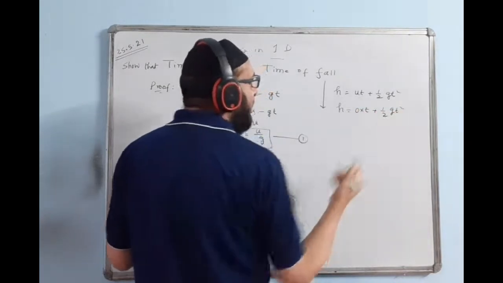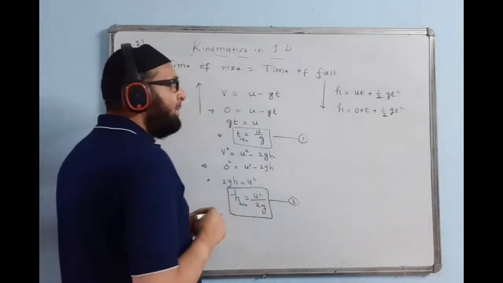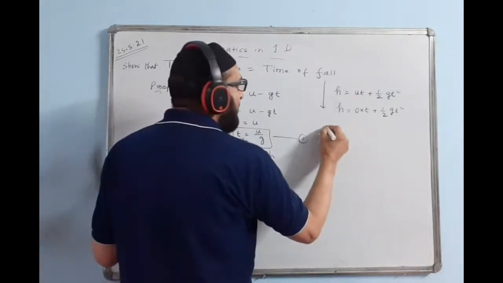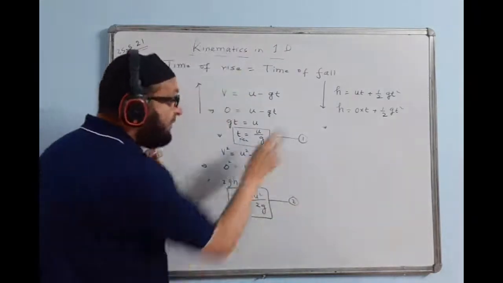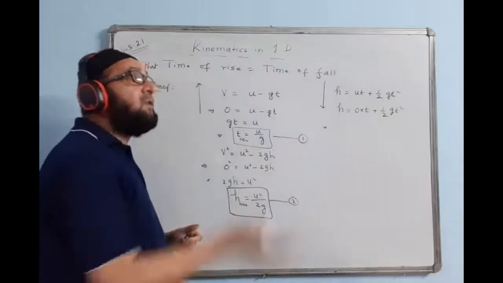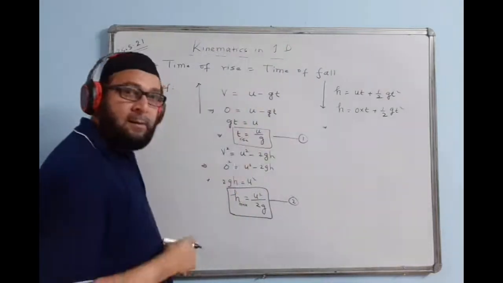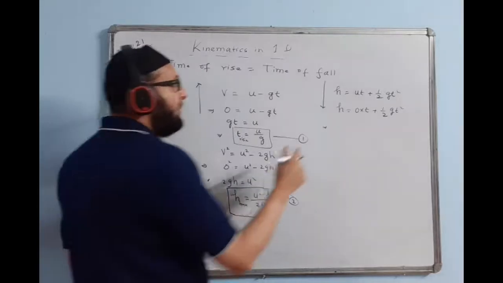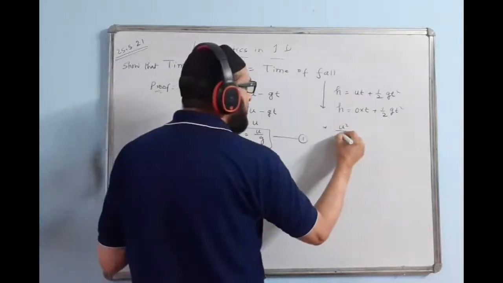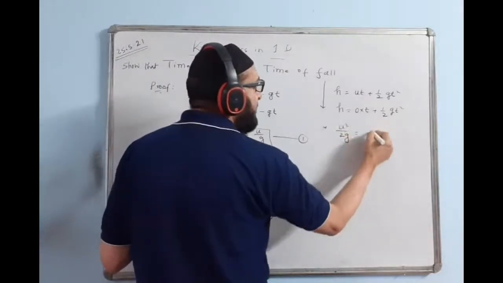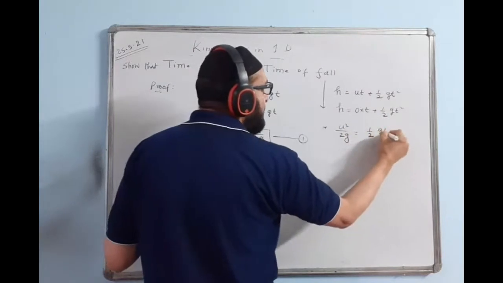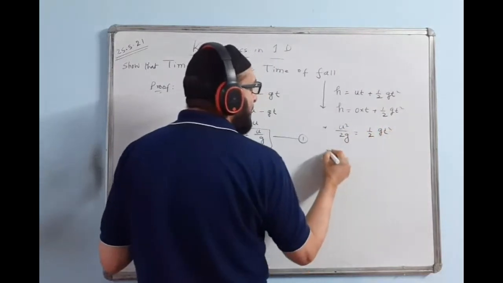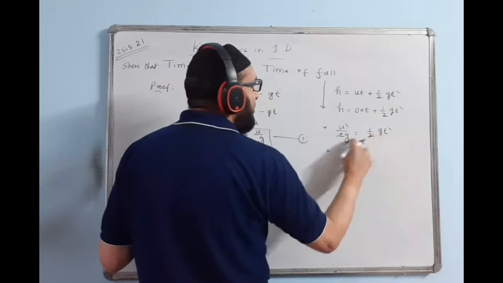This t is the t of fall, time of fall. h value I'll put the same, because the body goes up and returns back. That means the height is common in both the cases. h value I'll put this value here: u squared by 2g. 0 into 2 is 0. Here I'll write half gt squared. 2 and 2 I'll cancel. This g will come down.